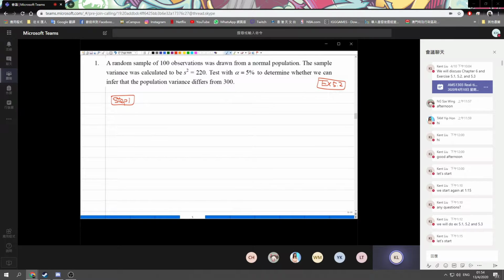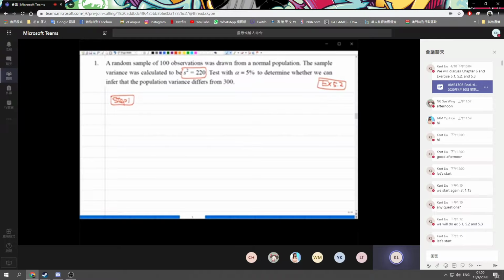Here we have a random sample of 100 observations from a normal population, and the variance was calculated to be 220. Now you may ask, is it possible to have the population variance? It's possible, but there would be no point in doing any hypothesis test about it. If you have the population variance, why would you do a hypothesis test? So when you have a question like this, you won't be provided the population variance.